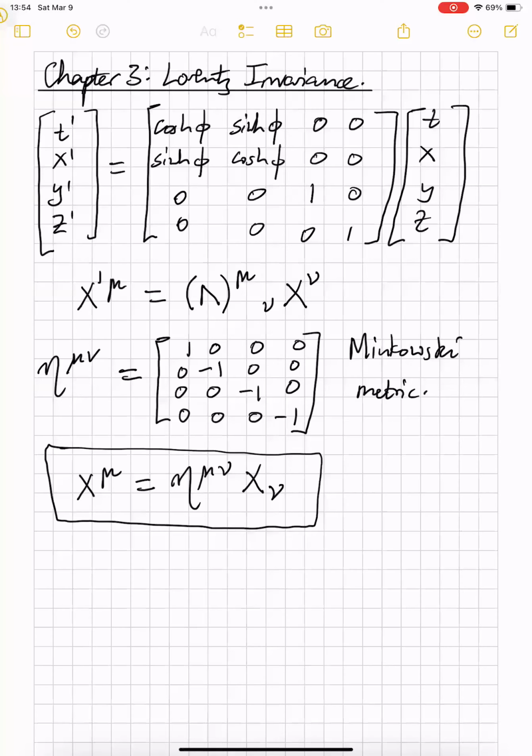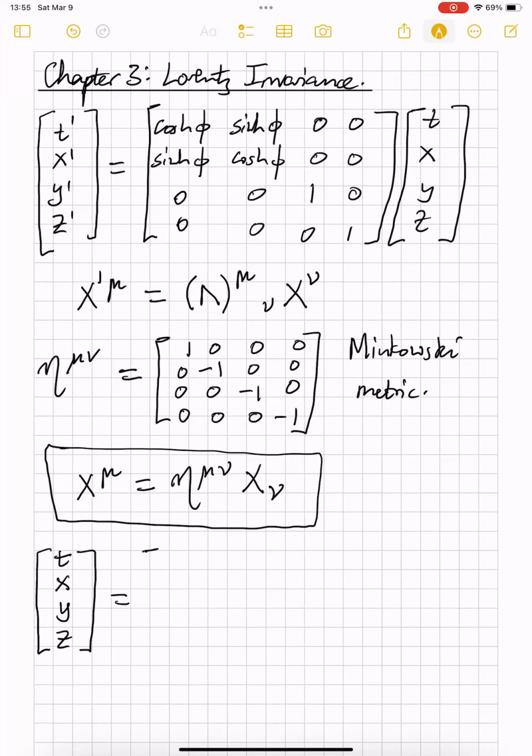So we've been discussing how to raise an index. Let's rewrite this last boxed equation as a matrix equation. The contravariant position vector has components t, x, y, z. So that's x mu upstairs.